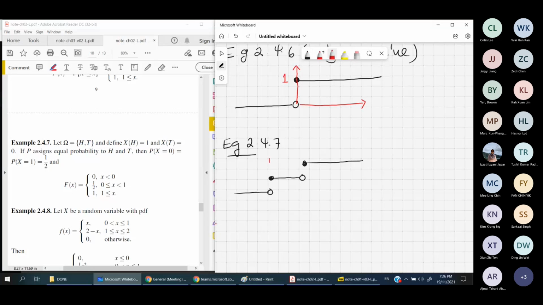This is our y-axis, this is our x-axis, and this is the value half, and this is the value 1.